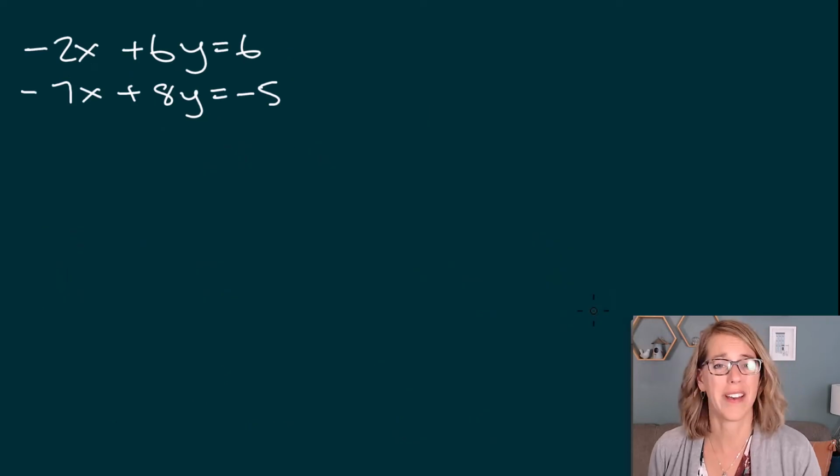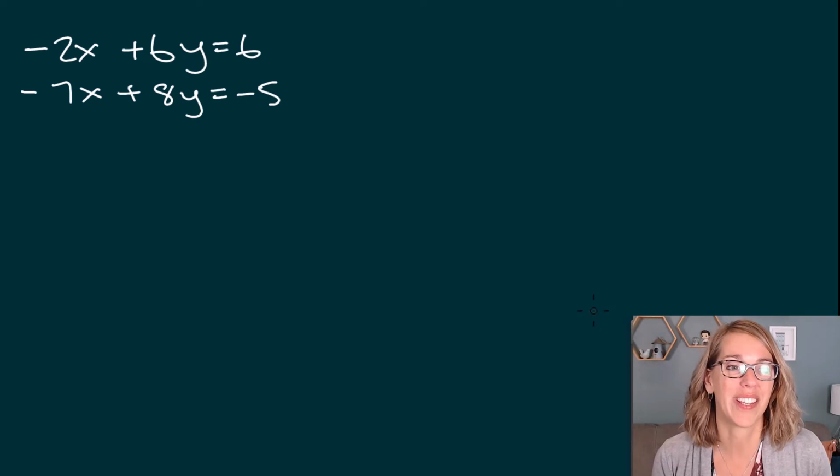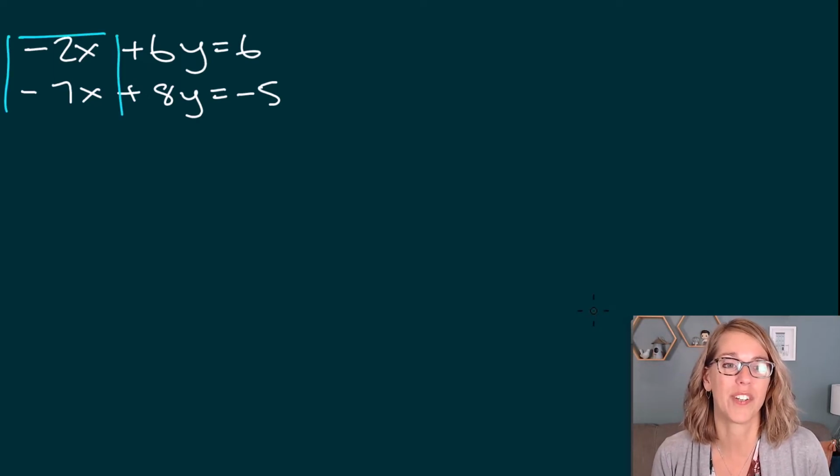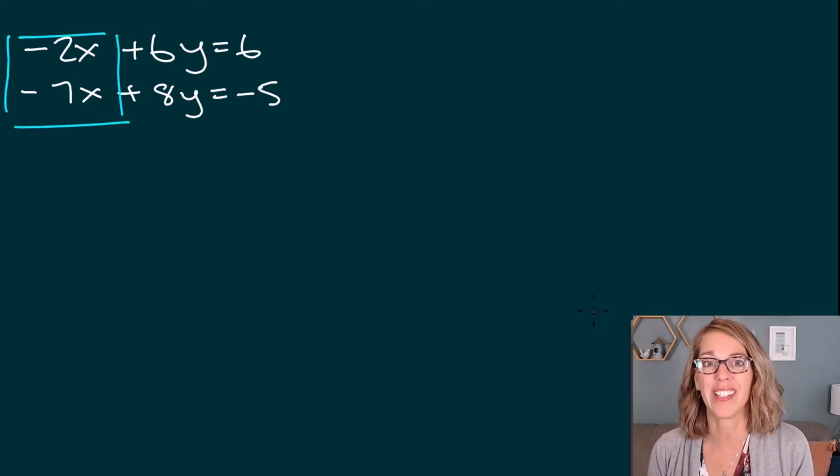So in this one, there's not an obvious choice here for which one to choose to eliminate. Remember, we're trying to get those terms to be opposite. So it really doesn't matter which one you choose. I think I'm going to choose the x's. If you were to choose to eliminate the y's, you would get the same thing. 7 and 2, they both divide into 14.